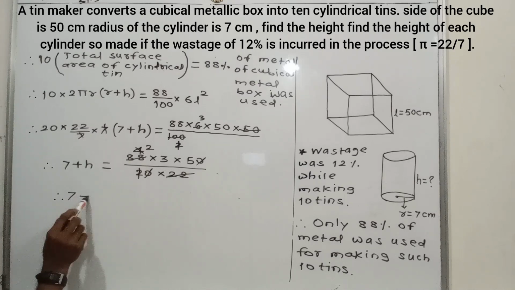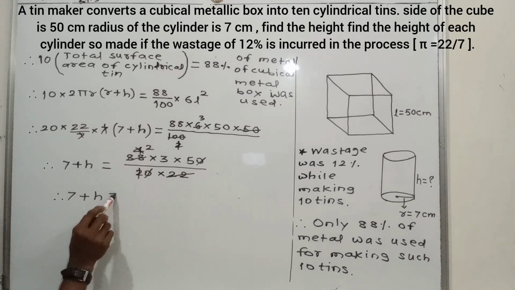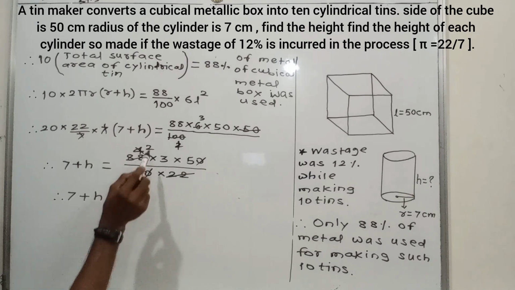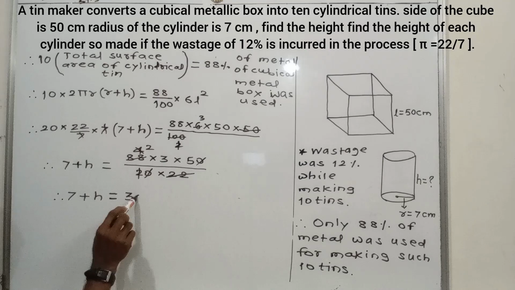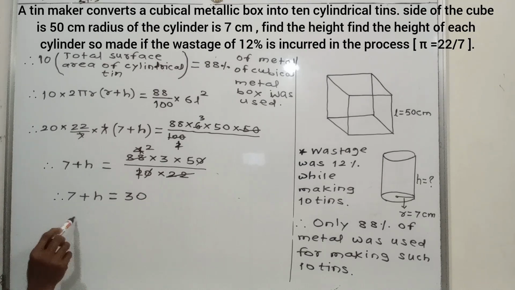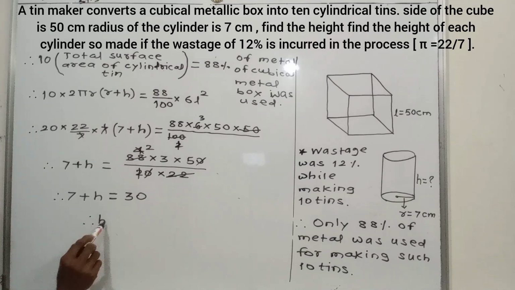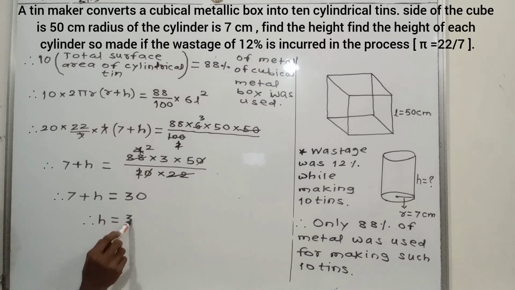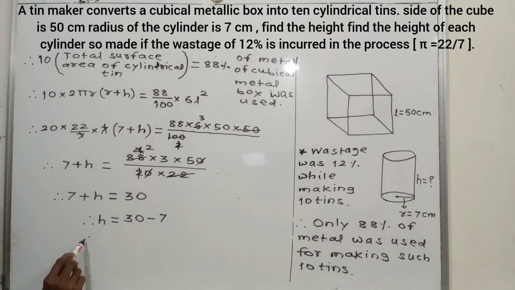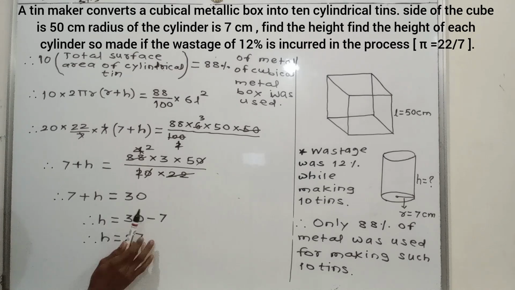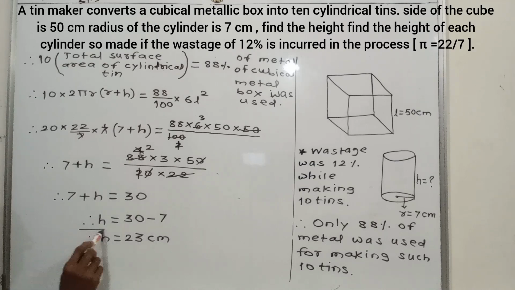Therefore 7 plus h is equal to 2 3s 6, 6 5s 30. Therefore h is equal to 30 minus 7. Therefore h is equal to 23 centimeter.